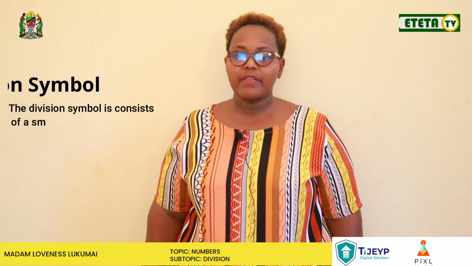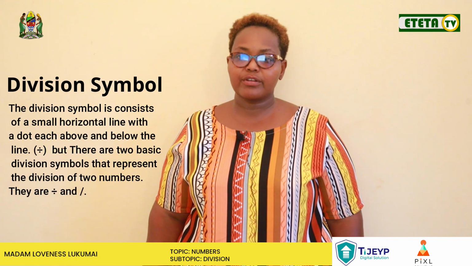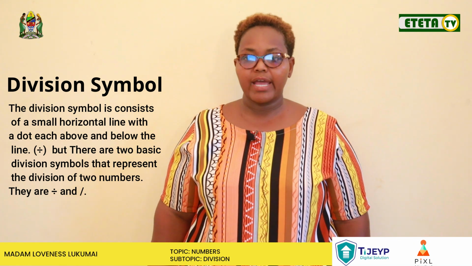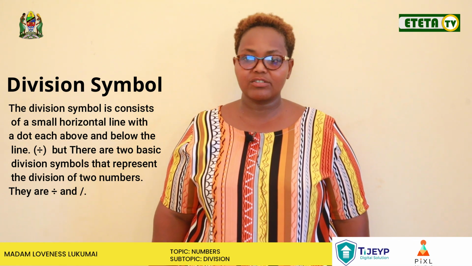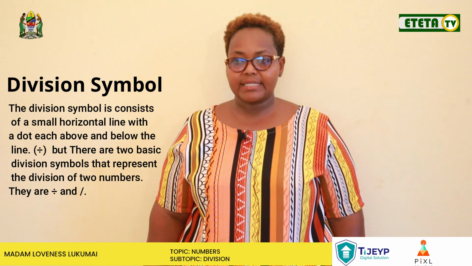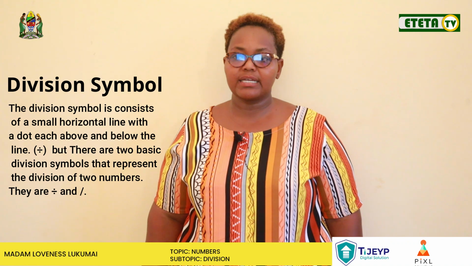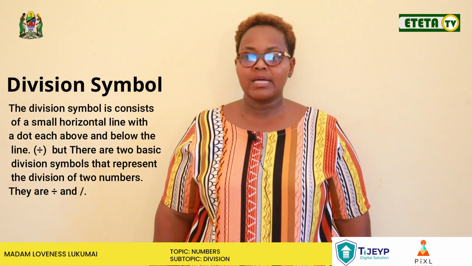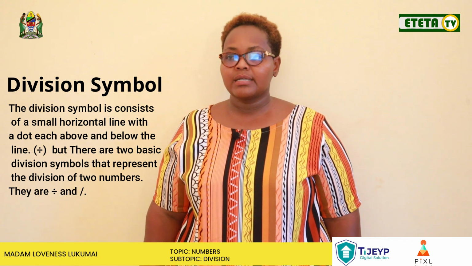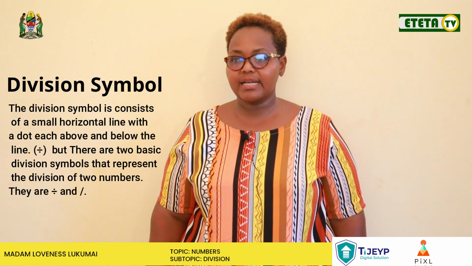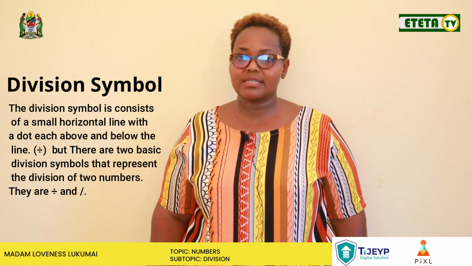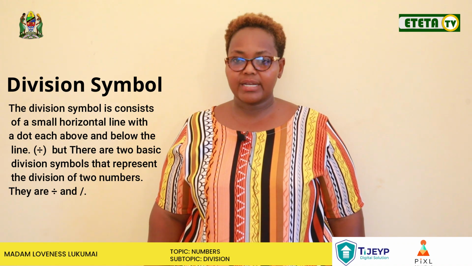Now we are going to look at the division symbol. The division symbol consists of a small horizontal line with dots above and below the line, as shown above. But there are two basic symbols that represent the division of two numbers. The symbol seen above is the first one, and the slash is sometimes used as a division symbol.